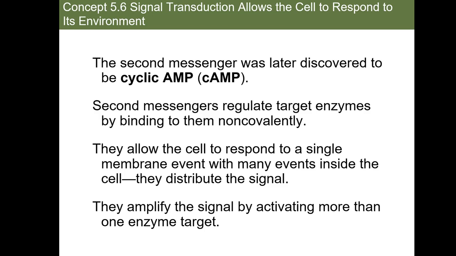The second messenger was later discovered to be cyclic AMP, or cAMP. So this is cyclic adenosine monophosphate. You have your phosphate group, which here is actually bound twice, which is why they call it cyclic.